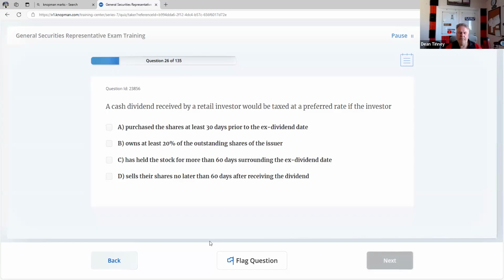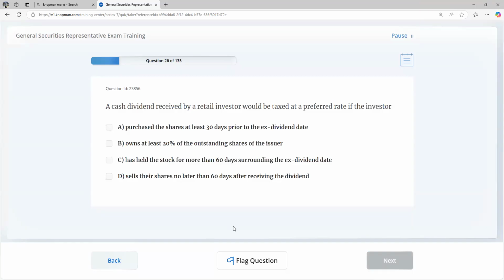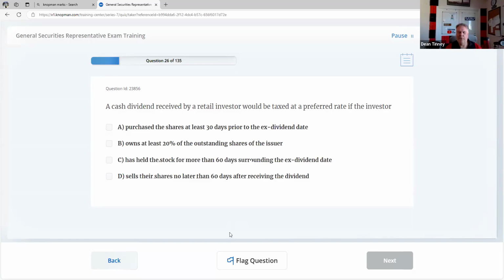A cash dividend received by a retail investor would be taxed at a preferred rate if the investor... purchased the shares at least 30 days prior. What do they mean by the preferred rate? Taxed at a preferred rate, lower than your ordinary income tax rate.